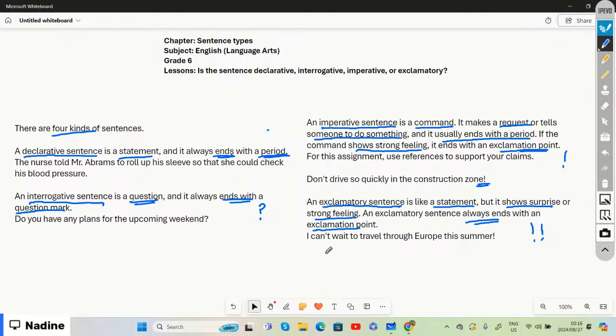An example of an exclamatory sentence: I can't wait to travel through Europe this summer! Meaning that this person is excited, right? Because they are going to be traveling through Europe this summer.